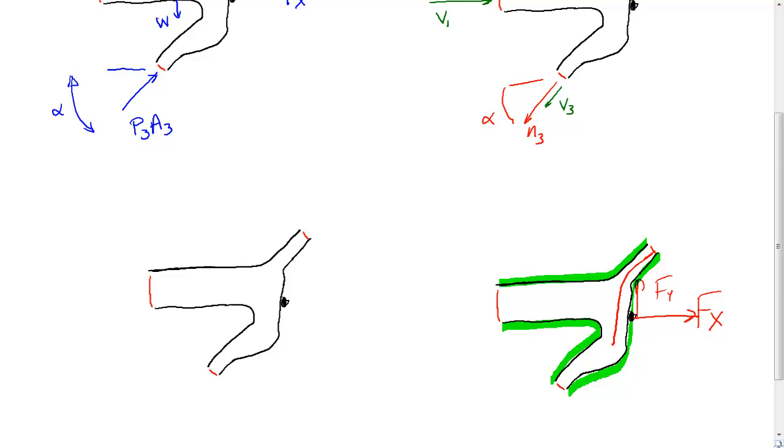Now let's see. Here I'm going to draw a pressure diagram. So here is the pressure on this surface. And of course there is some along in here. And it could be a vacuum at some point. I could actually have, say, a vacuum right here for some weird reason.